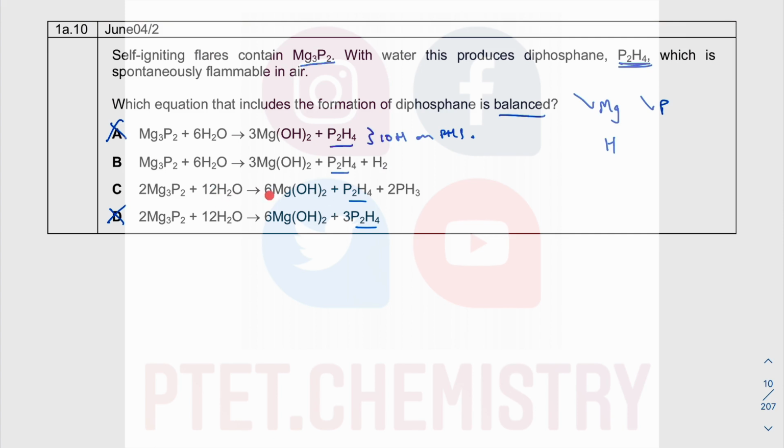So 6 times 2, there are 12 hydrogen, 12 plus 4 is 16. 2 times 3 is 6, so 16 plus 6 is 22. So 22 hydrogen on the right hand side, and we talk about 24 hydrogen on the left hand side. So the hydrogen are not balanced for C, so it's not balanced. So only B is the correct answer.